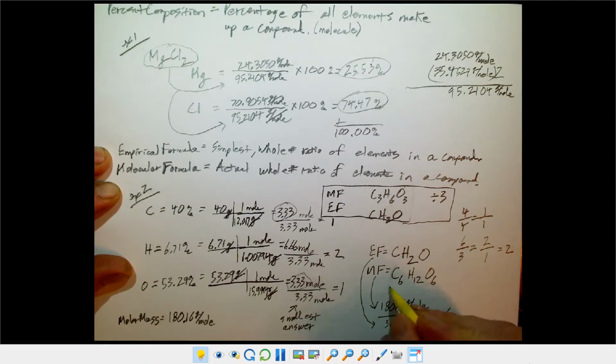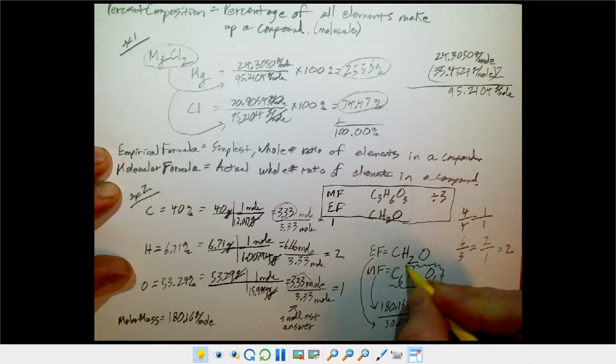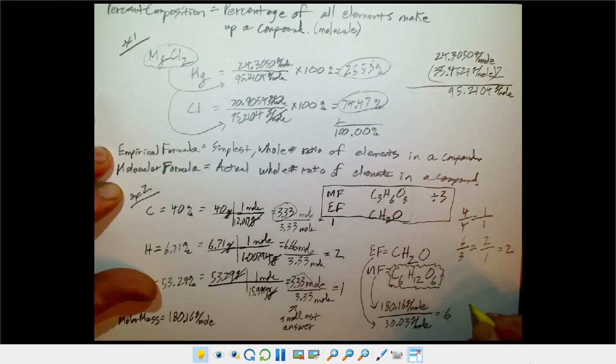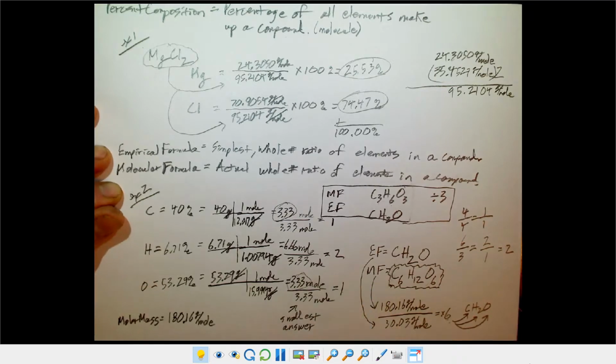So that would be the molecular formula for this compound. All we did is take all of these numbers for CH2O and multiply them by 6 to figure out the molecular formula.